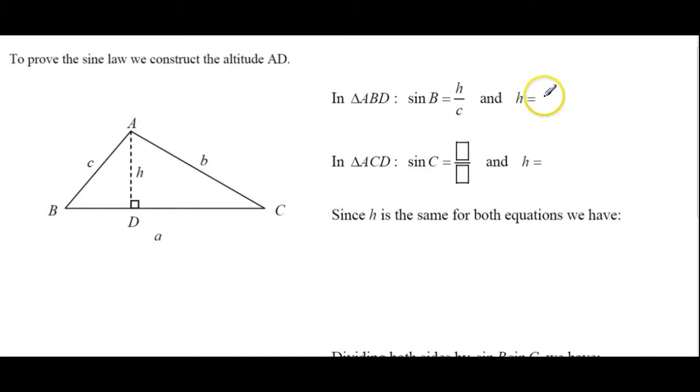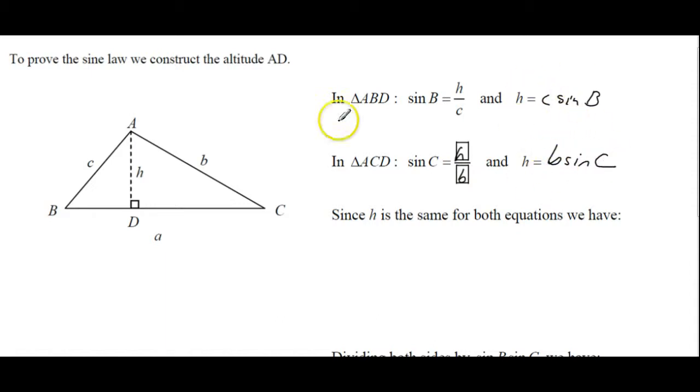And the room has stopped spinning, so we get h is equal to c times the sine of B. If we look at the other triangle ACD, the sine of angle C is opposite over hypotenuse, which is h over b, and so h is equal to b sine C.